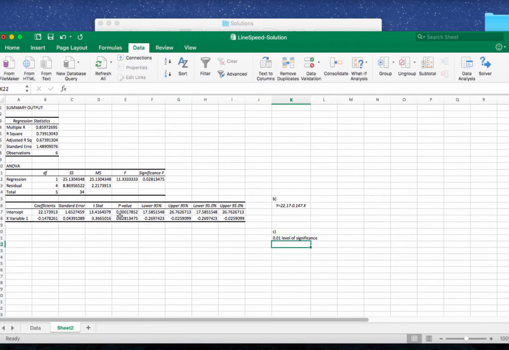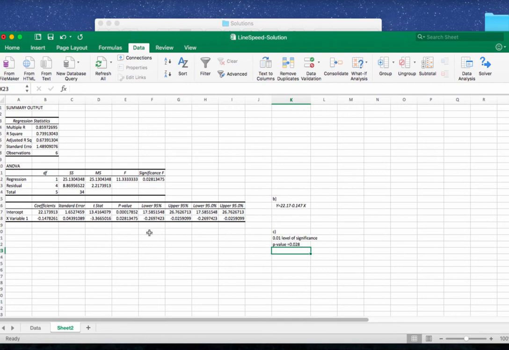We have to compare with the p-value. So we look at the x variable. The p-value is equal to 0.028, right? So that's the p-value.